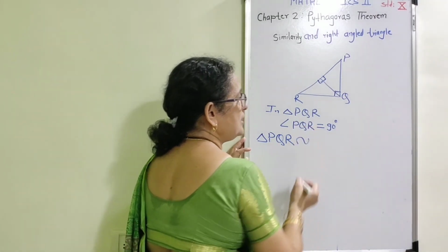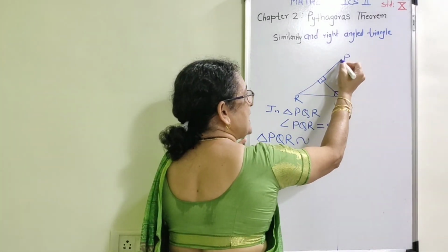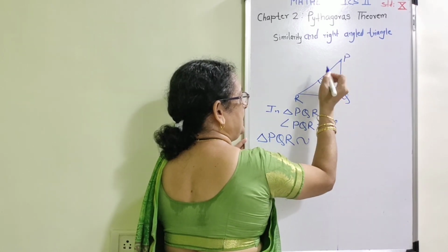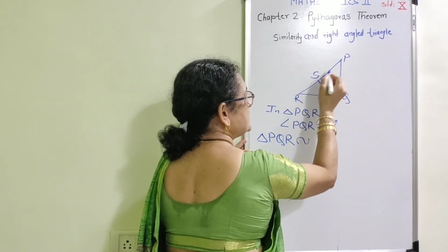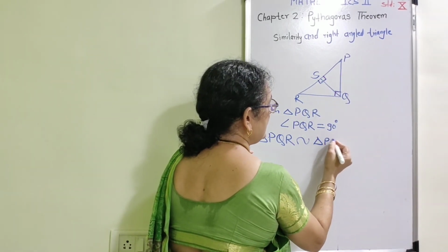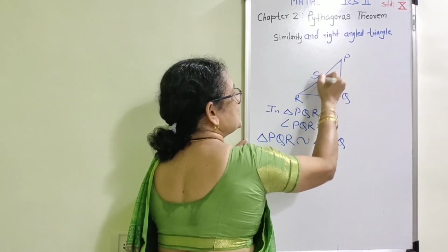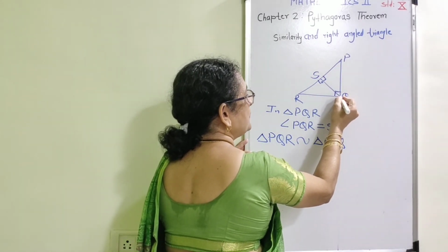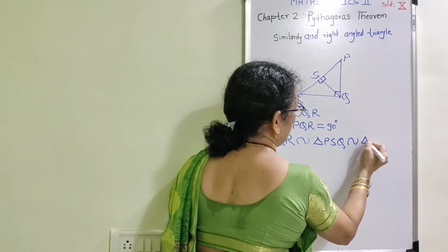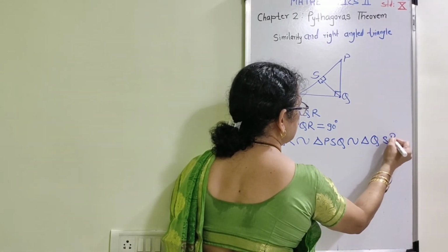It is similar to, since I have started from point P, again start from P, triangle PSQ, which is the smaller triangle. Again start from Q, QSR, similar to triangle QSR.